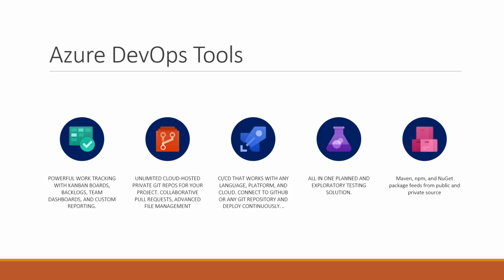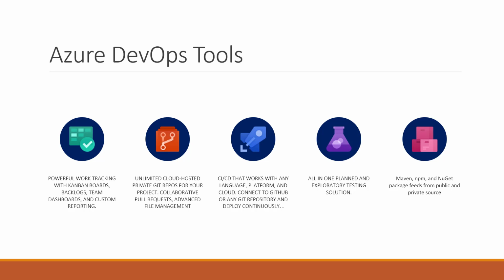Next, you have continuous integration and continuous delivery as a service. The good part is that it works with any programming language and any platform, and it works on the cloud. You can connect your existing GitHub or any Git repository and deploy continuously.